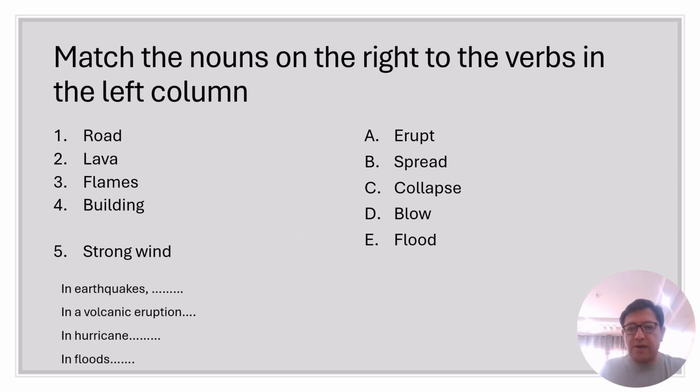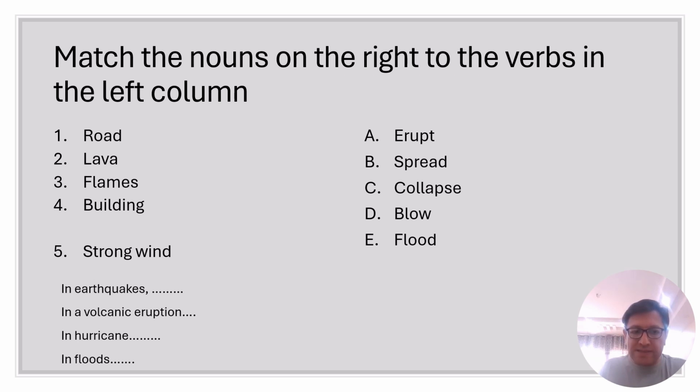All right. Now, next thing is using the nouns and the verbs as you just combined. I want you to complete a few sentences describing what happens in different types of natural disasters. For example, what happens in earthquakes?